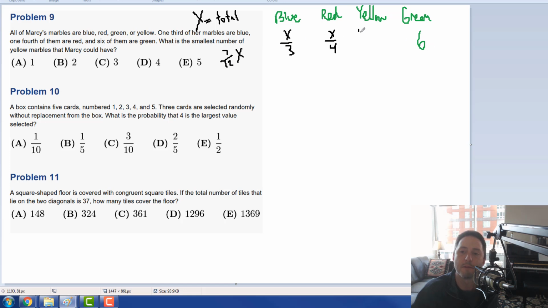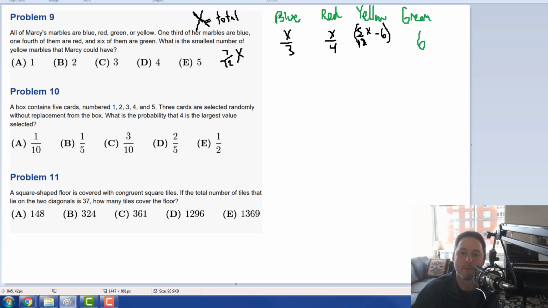So the yellow has to be 5/12 X minus 6, right? Because all 4 of these need to add up to X. That's what we've defined as being the total number of marbles. All right, so what is the smallest number of yellow marbles Marcy could have? So X is actually an integer, right?